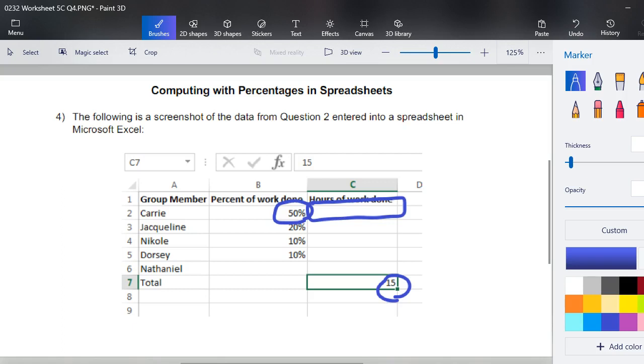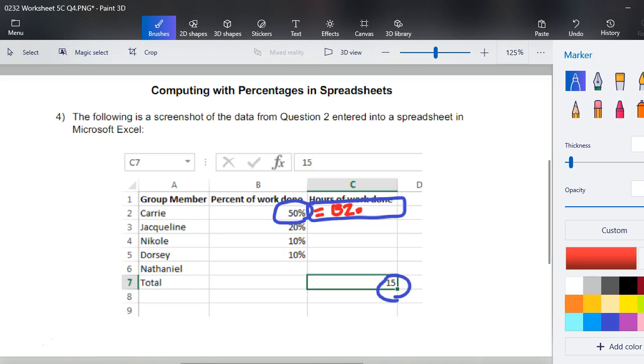So inside this cell, we want it to say equals. We are wanting to do the 50% of the 15 hours. So the 50%, if you will recall, I can put in B2, and I do not need to divide it by 100 because it's stored as a decimal, so it's going to come up as 0.50, and then I'm going to multiply it times the 15. I want to nail down that it's a 15. I always want to use 15.